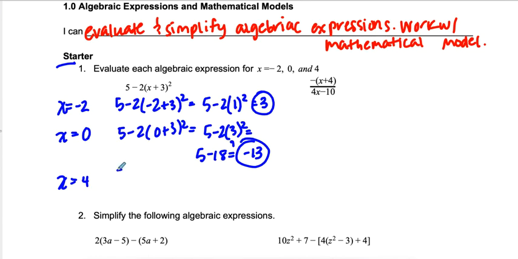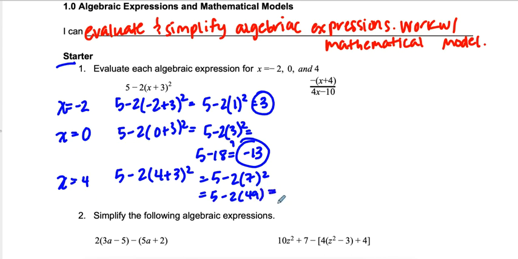We do 5 minus 2 times (4 plus 3) squared. Correct order of operations again. That leaves us simply with -93. So now you get the idea. I'm just going to project the answers for the next ones here.